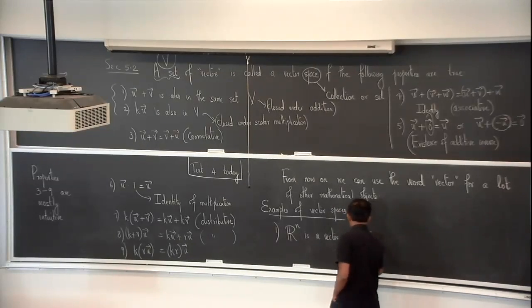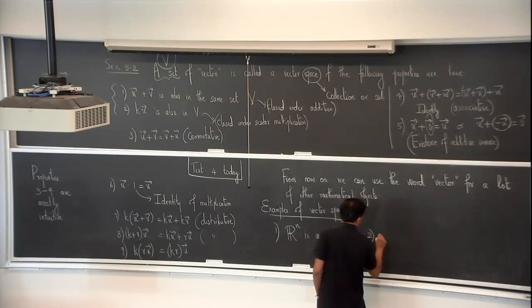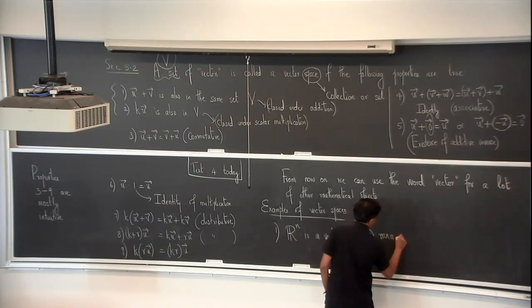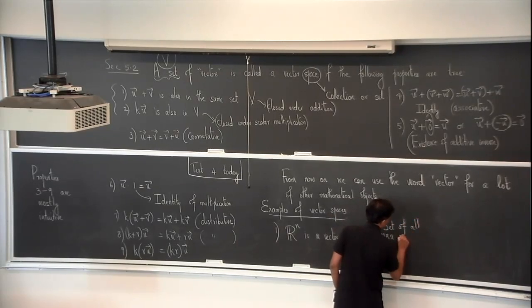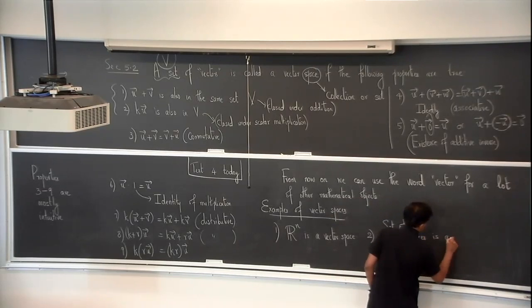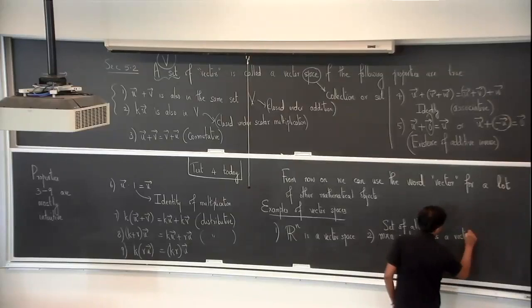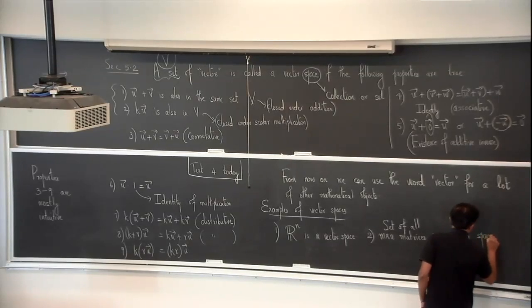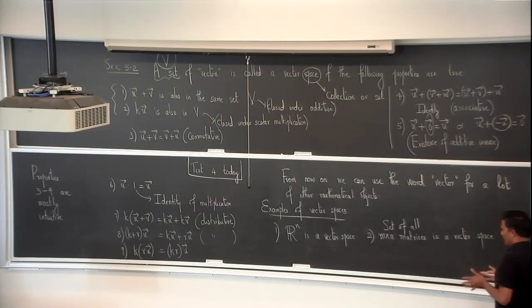Now you need to pay attention. The set of all m by n matrices is a vector space. See how that word vector is now kind of creeping into other things.